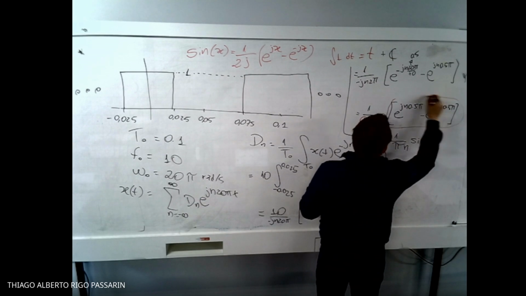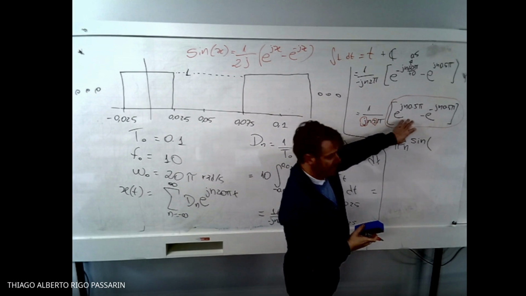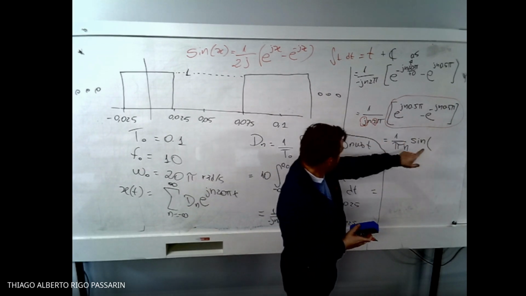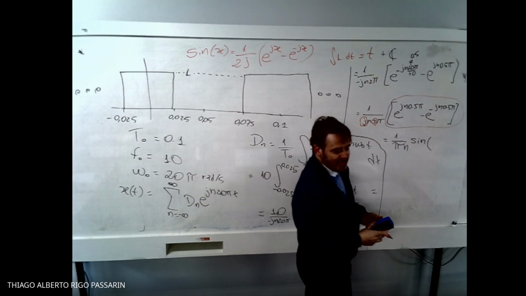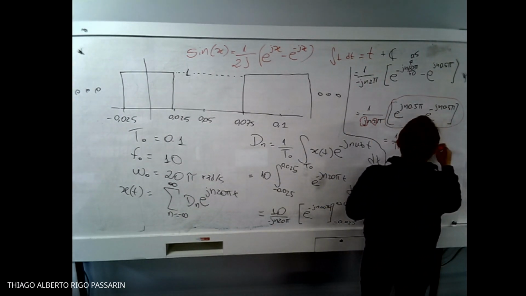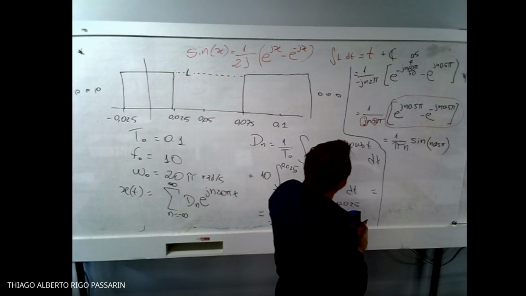Well, this is the sine: 1 over 2j, this is the sine. The rest is multiplying the sine. So 1 over n pi is multiplying the sine of n 0.5 pi. Is this correct?